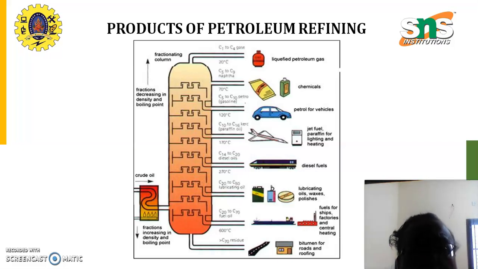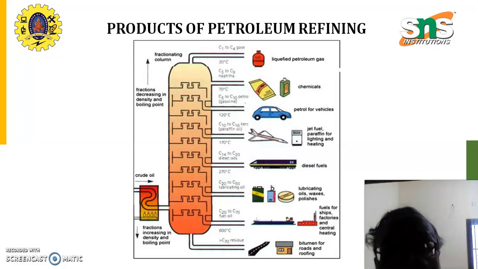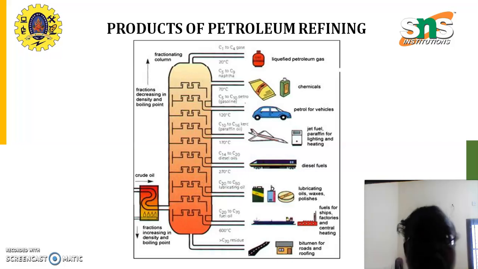When we are heating up to 270 degrees Celsius, that is C14 to C20, that becomes diesel oil, and the diesel fuels are from those conditions.